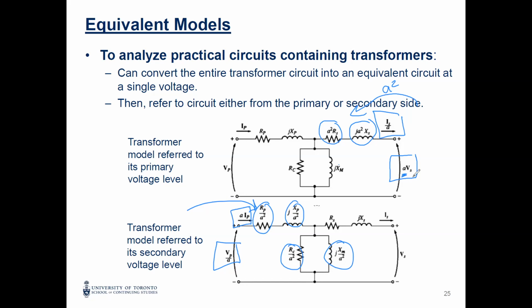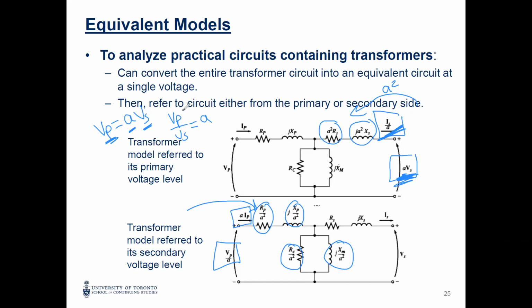The reason is the turns ratio for the voltage, because remember V primary over V secondary equals A. So when you move the secondary to the primary, at the primary it's A times the voltage, so I multiply by this. The current will be opposite, right?